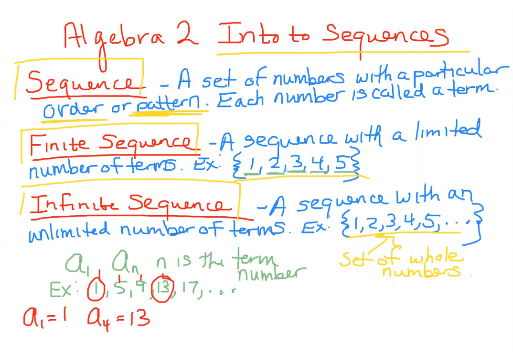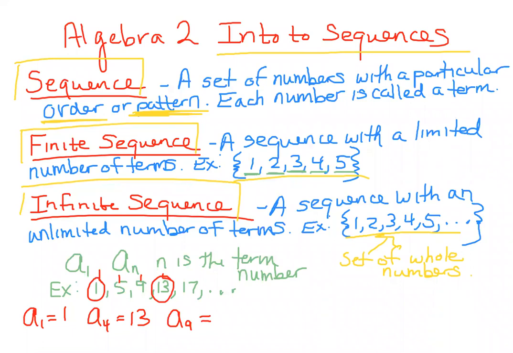A9, we're going to have to find because we only have 5 terms, and we need the 9th term. So we're going to have to keep going, and we're going to have to look at this sequence and decide what the pattern is. How do we get the next term? Well, if you notice, you're going to add 4 each time, and you're going to get the next term.